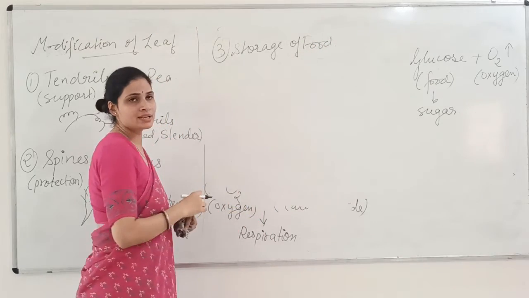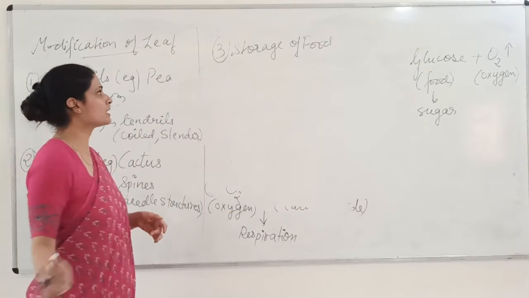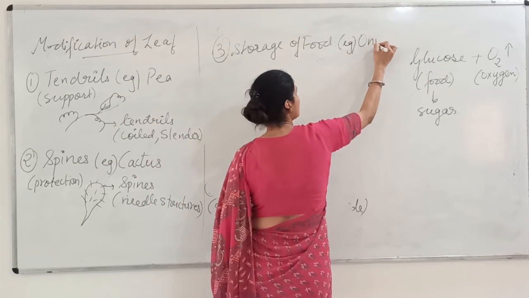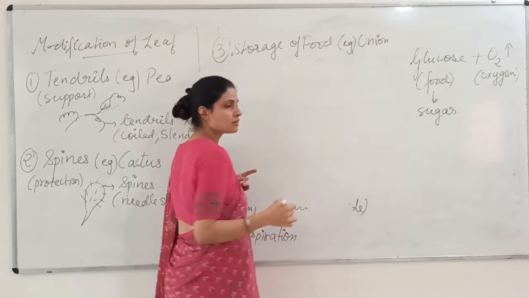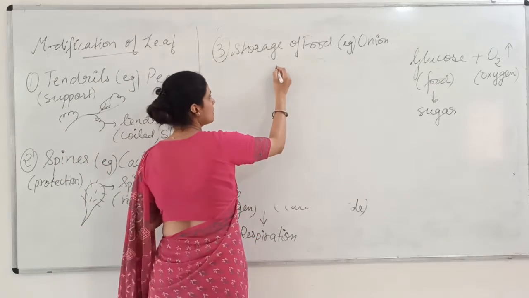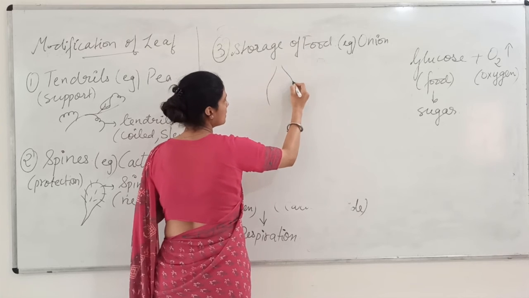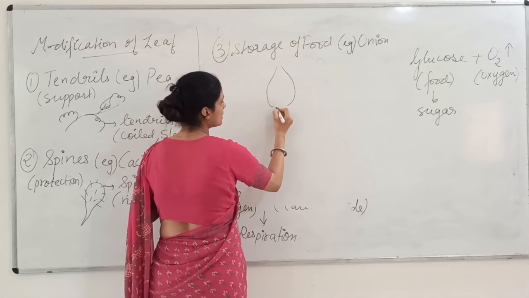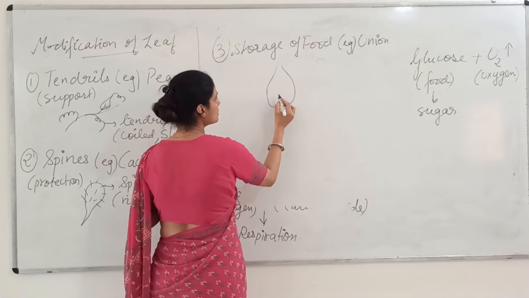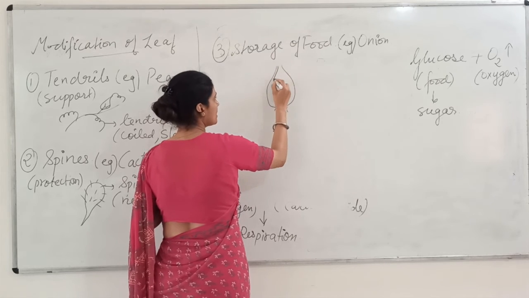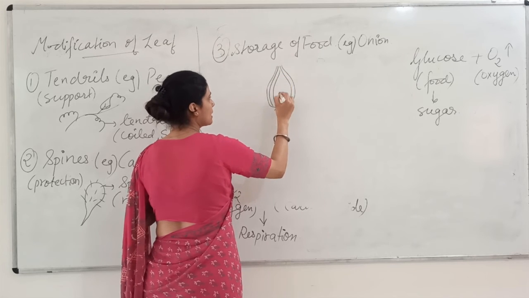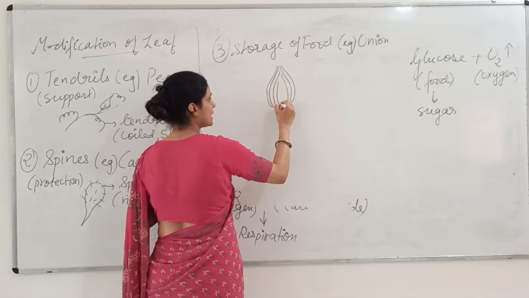So a very common example for this modification is onion. Onion generally we use for cooking. Okay, if you cut this onion in half, you will see the scales arranged inside, one after the other. This is the root and this is the base, and if you look inside the onion, you will find a parallel arrangement of scaly leaves.